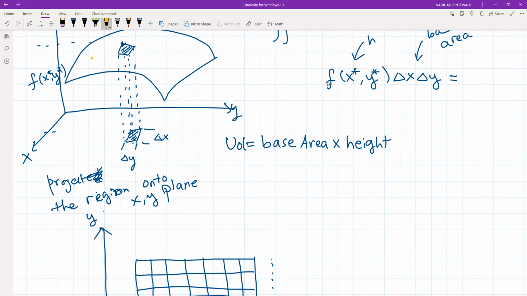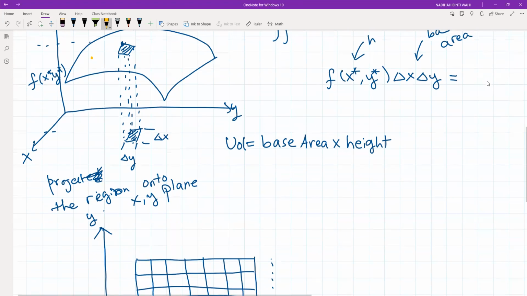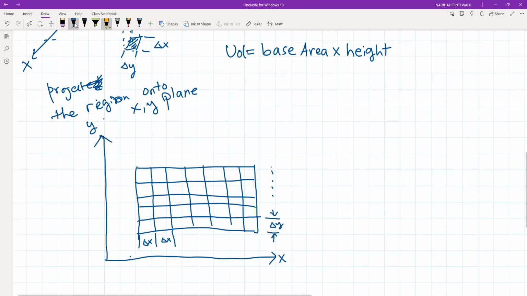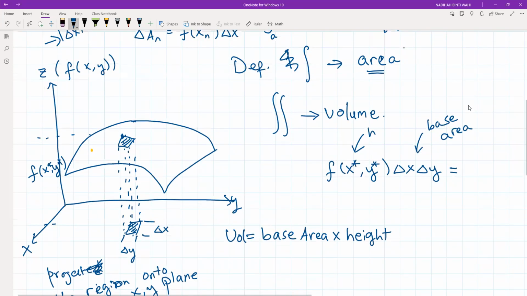It depends on the point that you choose. So in this case, f(x, y) is not constant. Delta X and delta Y are constant, but the height is not constant.